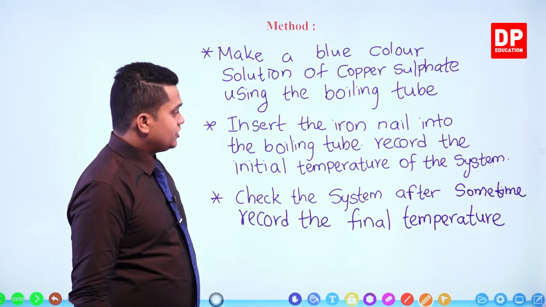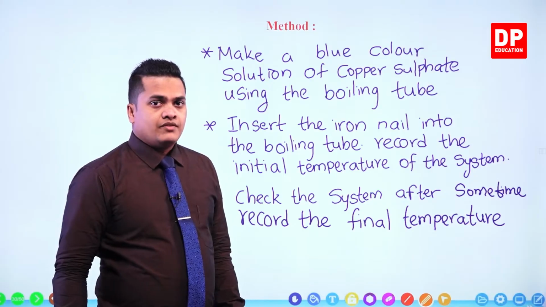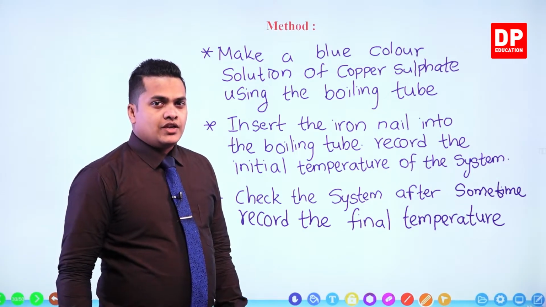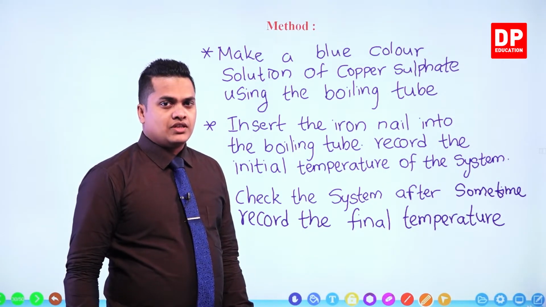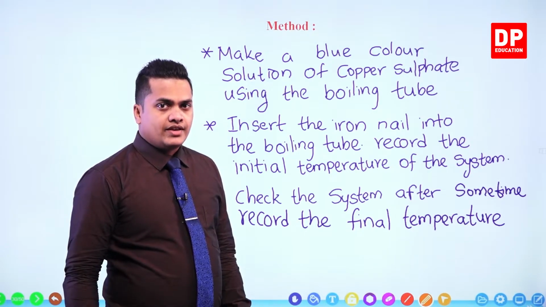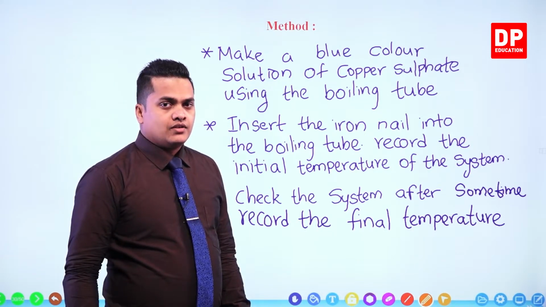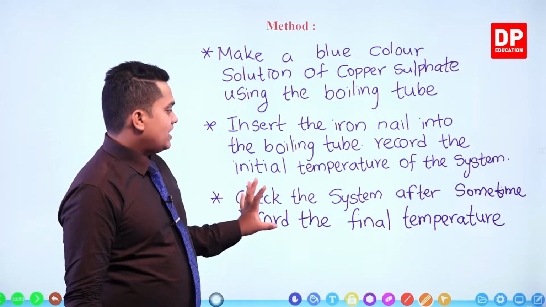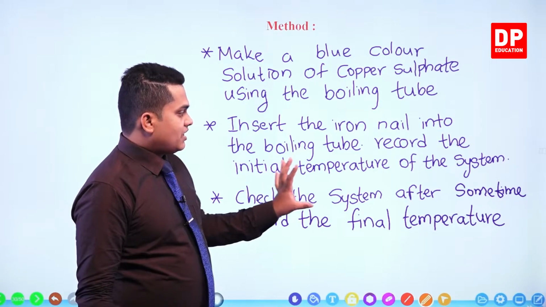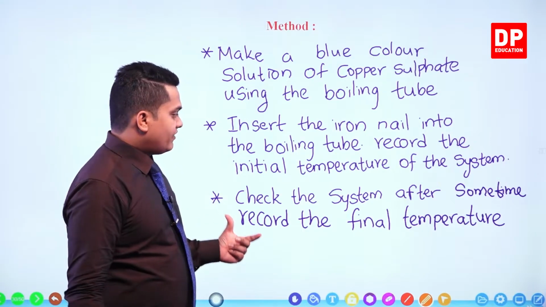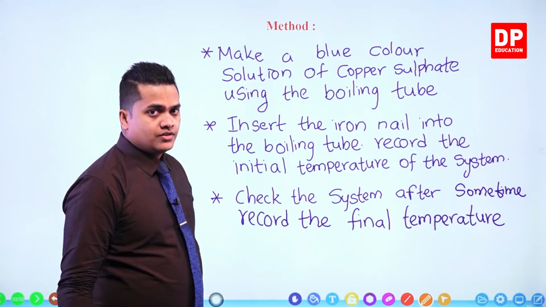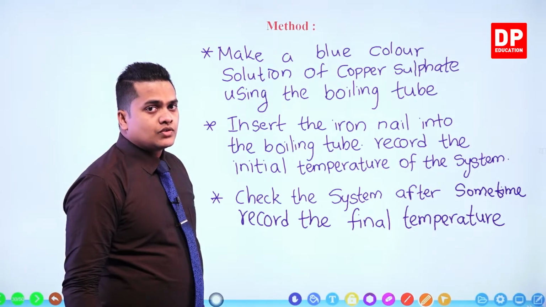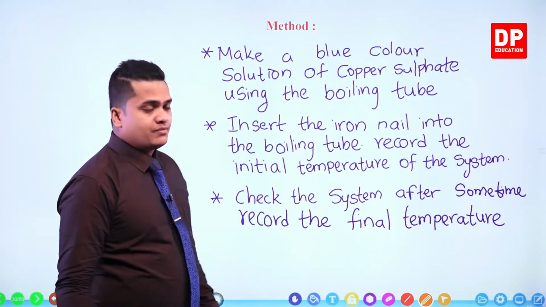Then record the initial temperature of the system using the thermometer, for the starting temperature. Then finally we check the system after some time and record the final temperature. So this is the way of doing the experiment.